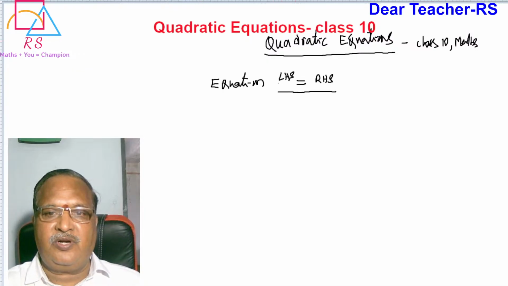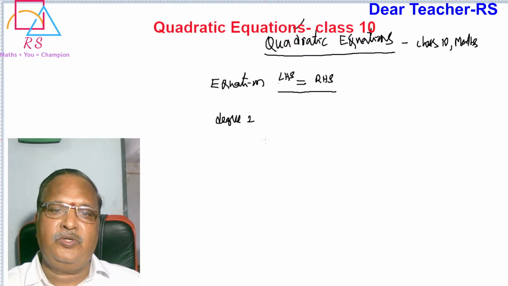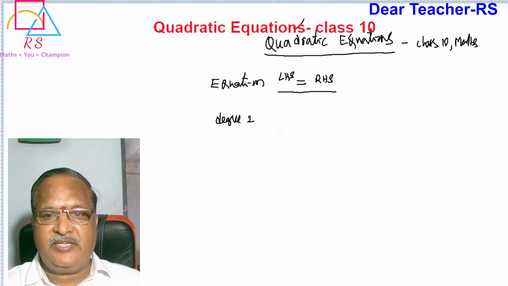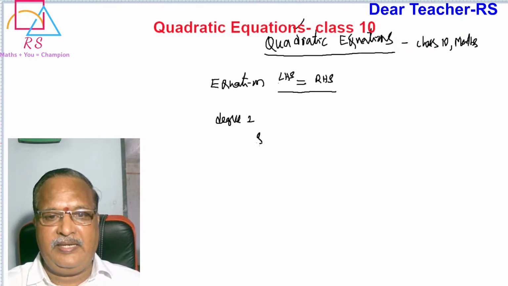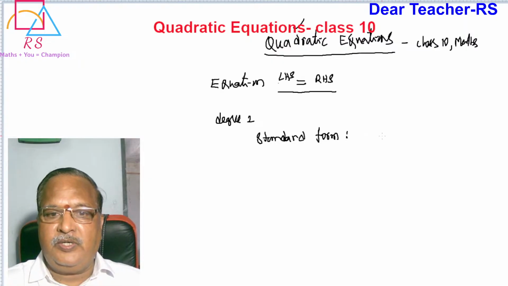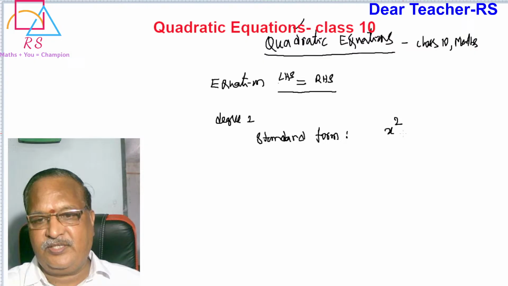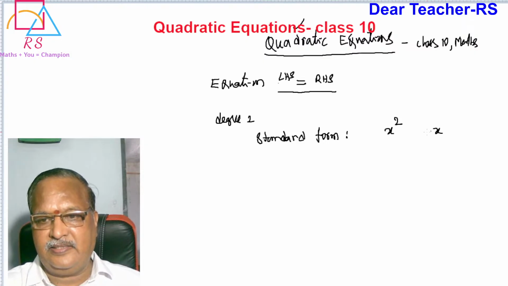Now what is quadratic? Quadratic means degree 2. So now, quadratic equation in one variable. Let me give you the standard form of a quadratic equation. Degree 2 means the highest power should be 2. So x square and x.